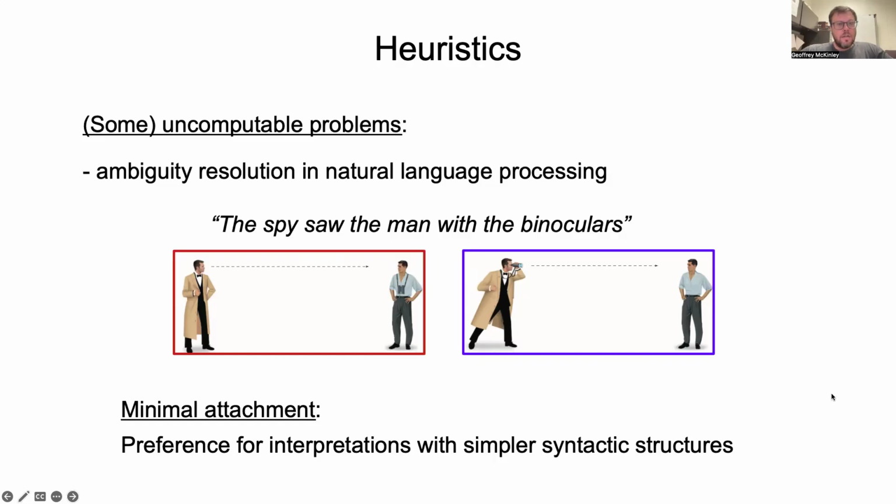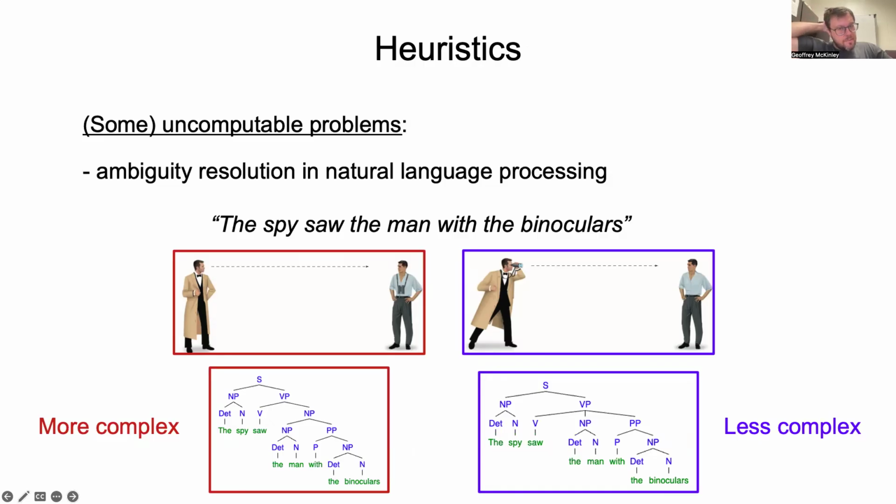Okay. So as I mentioned, this is called minimal attachment, and it involves attaching new information in a sentence, and you're attaching that new information onto a sentence structure using the fewest grammatical or syntactic objects, right? And so we're going to talk more about this in later lectures, but you can make what's called a syntax tree. These are syntax trees, and you can do this for any sentence.